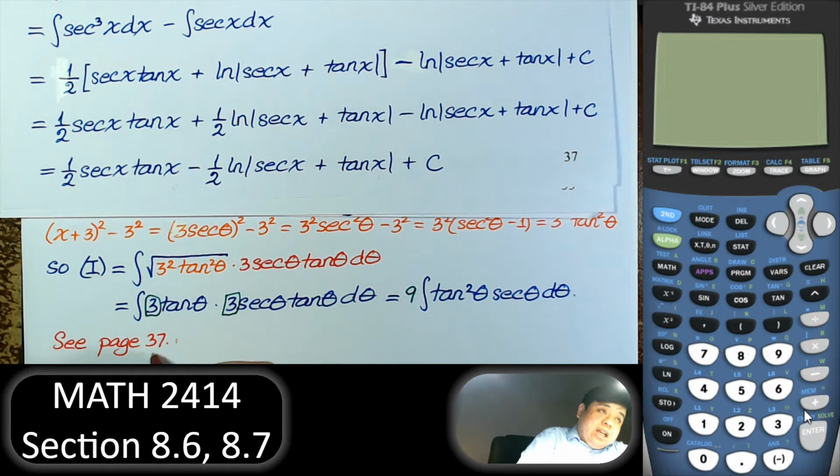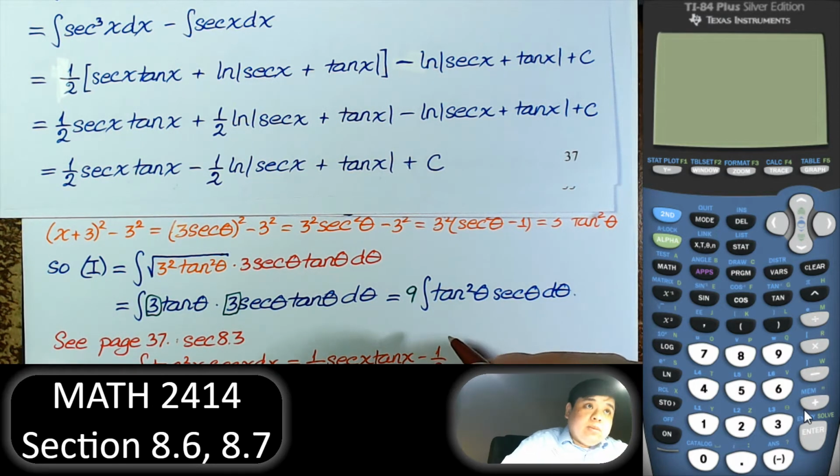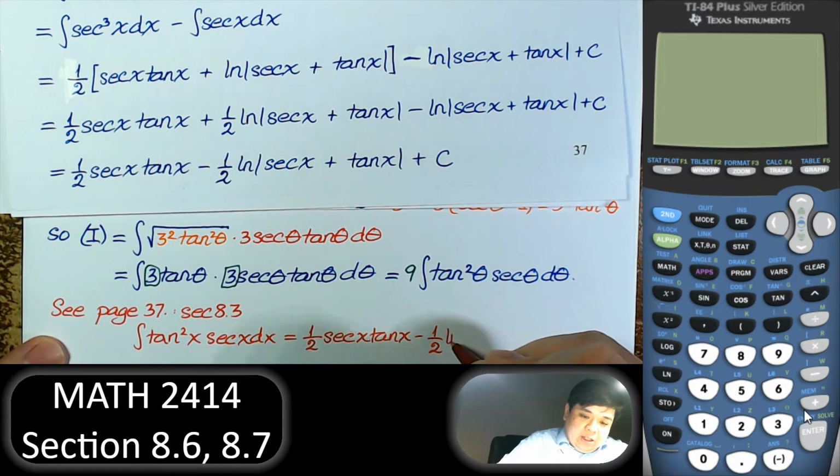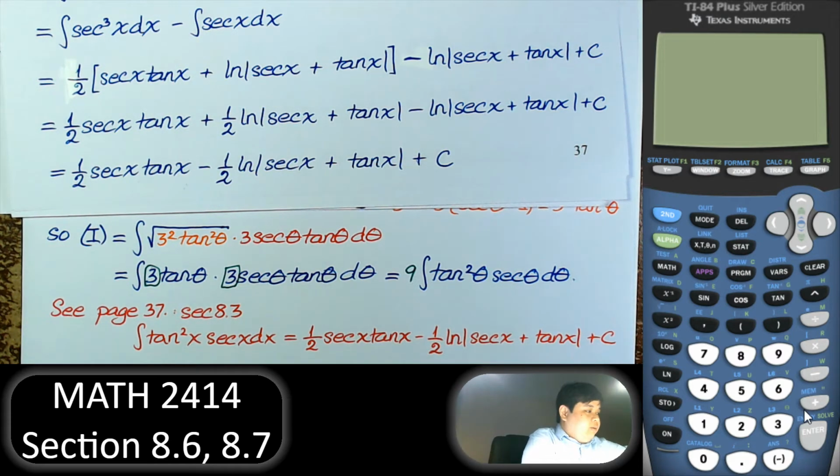So on page 37 we have the integral, that is section 8.3, of tangent squared secant equal to 1/2 secant tangent minus 1/2 ln secant x plus tangent x plus c. So that's what we have.